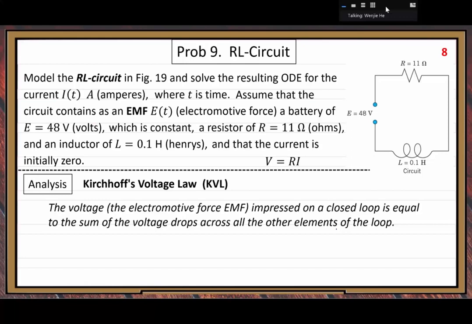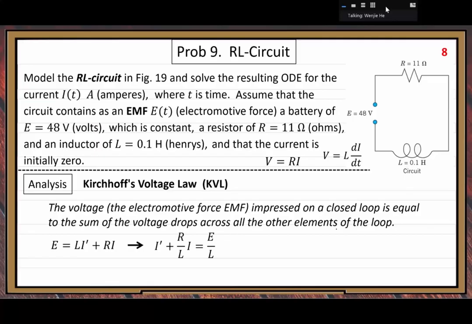Then the voltage drop for the second one is L, given, constant, times the derivative of the I function. So the equation is E equals L times I prime plus R times I. A very simple ODE.